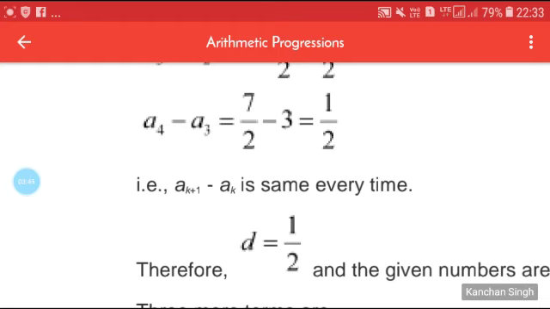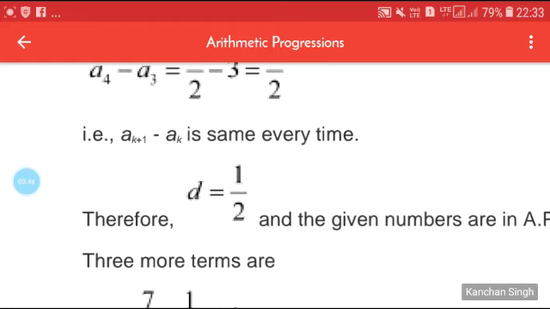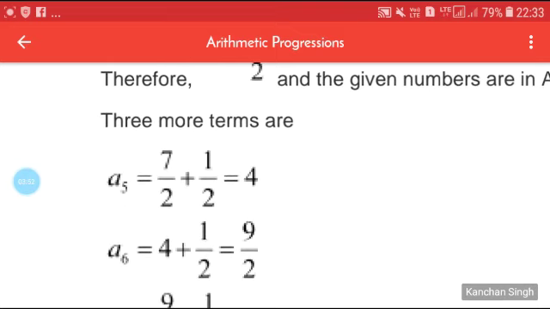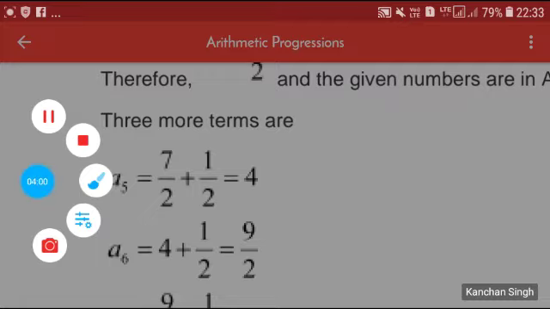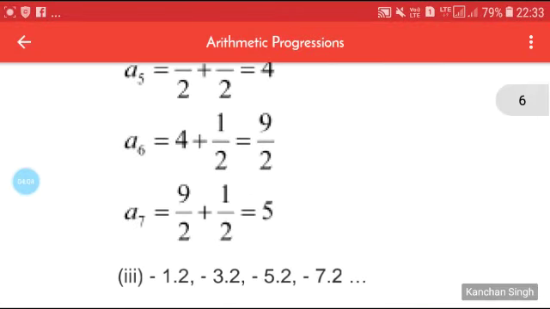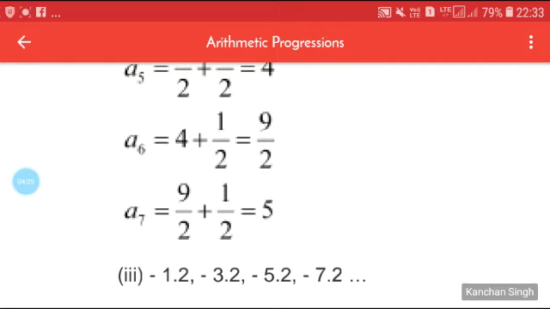Therefore D equals 1 by 2 and the given numbers are in AP. Now how do we write more terms? a4 is 7 by 2, so a5 is 7 by 2 plus 1 by 2, that is 4. Then a6 is 4 plus 1 by 2, which is 9 by 2.